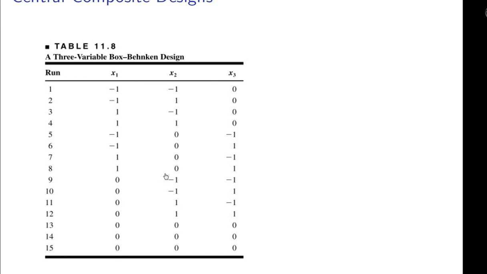And the axial runs you don't see here, because this is a spherical design. Although you might think, well, gee, this looks like a cube because I have these coordinates at the extremity and x3 at the center, you can fit a sphere through each of these points, and then you add the center points.